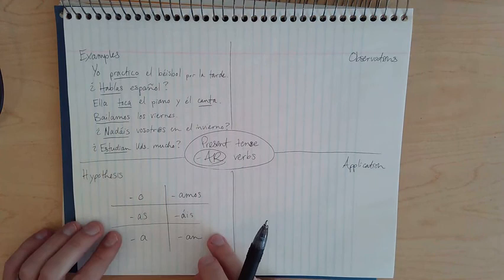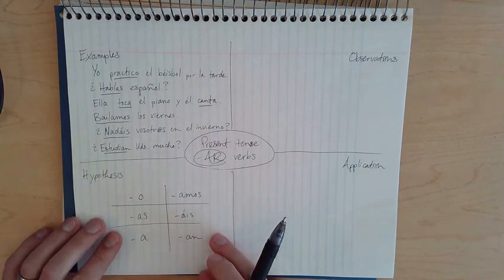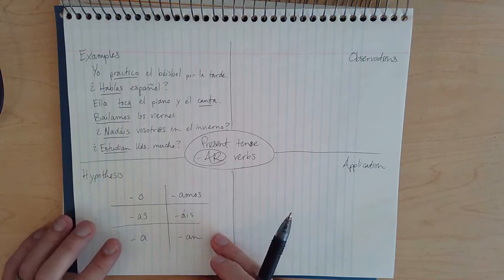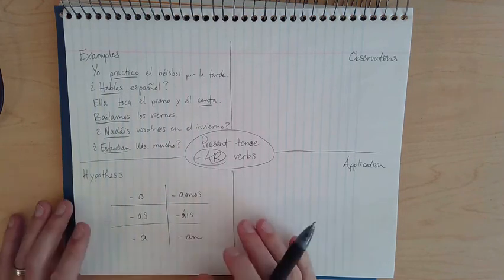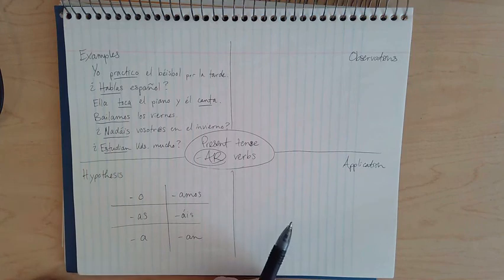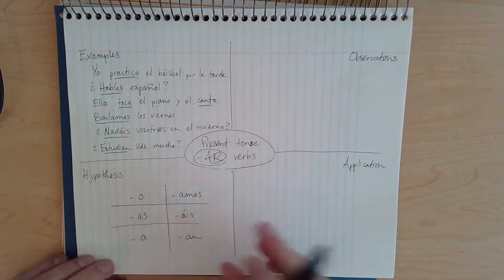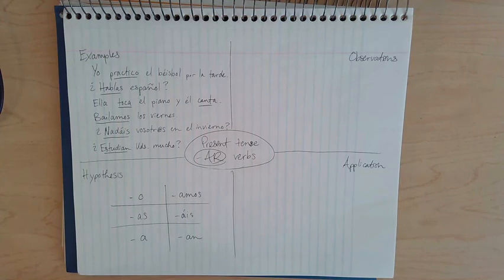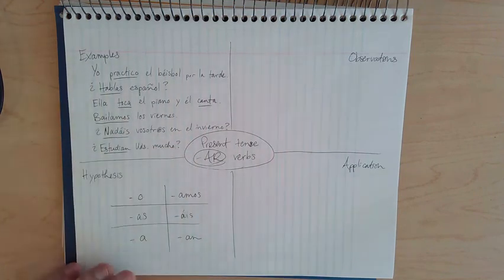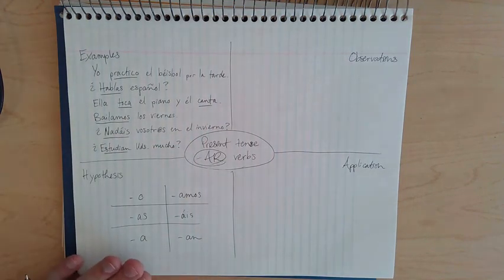This is typically where things start to break down, and kids don't want to take the risk. They don't want to look stupid or feel stupid, and so they won't even create their hypothesis. This is where things have to get really hands-on, and you have to encourage them a bit more to push themselves to think a little bit harder about it, and then to try it out and look at what their hypothesis was versus the result that they came up with, and of course the original sentences.